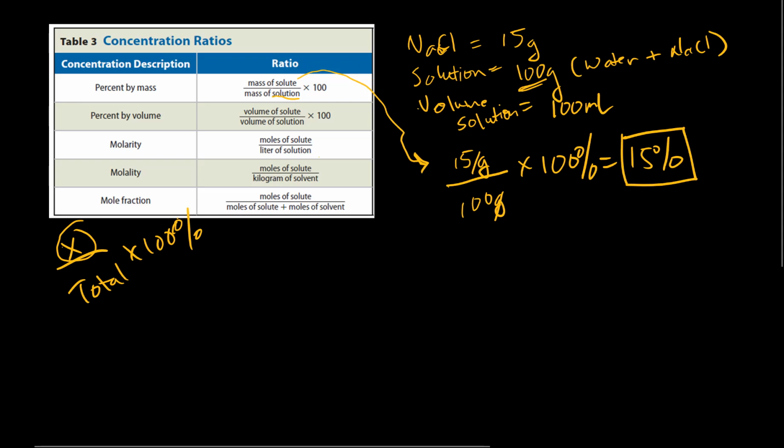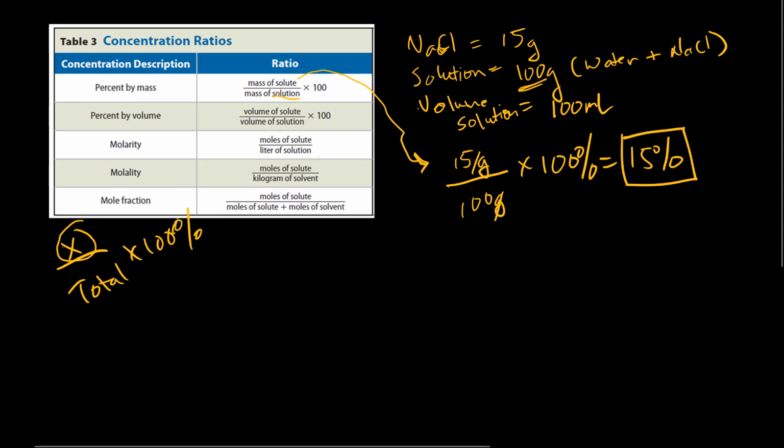Okay. And so that's just percent by volume, just the volume of your solute divided by the volume of the solution. You most commonly use percent by volume when you've got two liquids that are mixed together. Whereas if you had a solid dissolved into a liquid, percent by mass would probably be more appropriate. Okay.